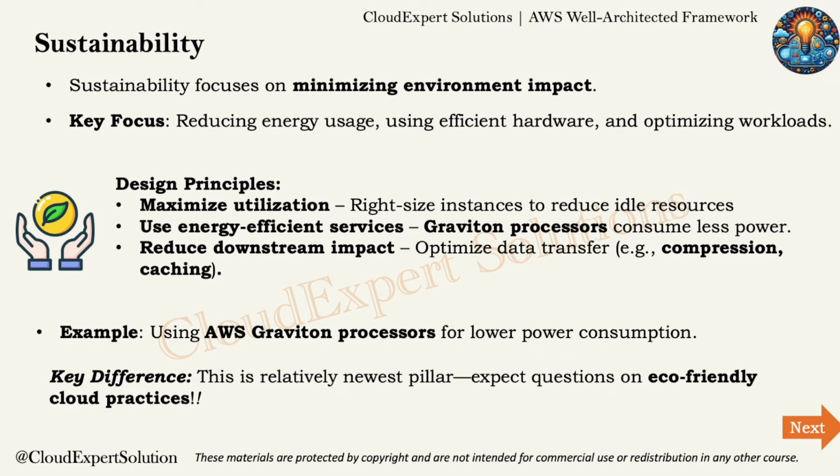In comparison, the AWS Solutions Architect Associate exam usually contains 2 to 3 related questions. In the next slide, we will compare all the AWS Well-Architected pillars, highlight their key design principles, and explore example AWS services that support each pillar.